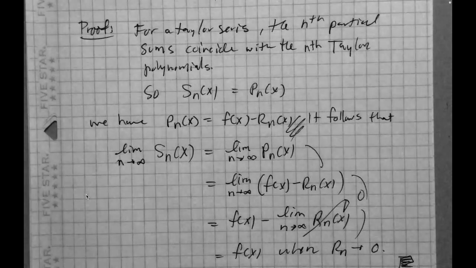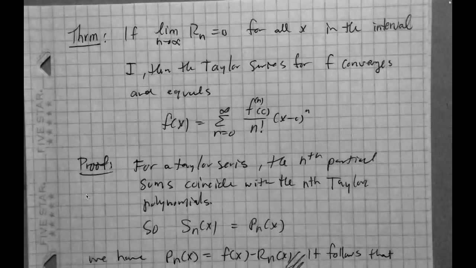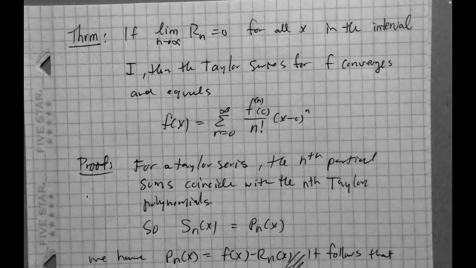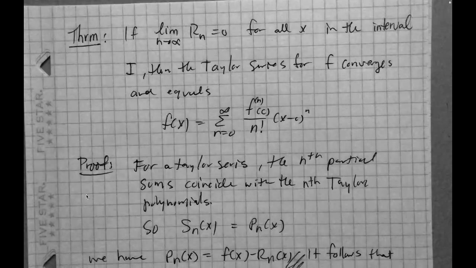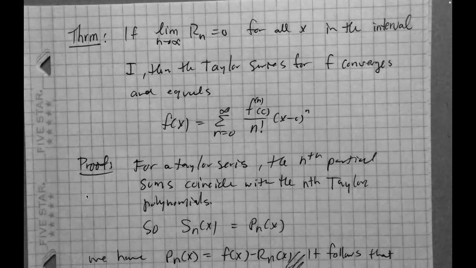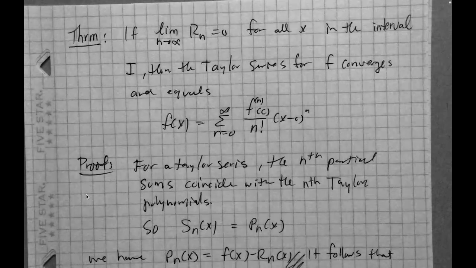So for a Taylor series, we now know that the Taylor series will converge to f if, and only if, the sequence of remainders has a limit of 0. Okay. All right. How about a couple of examples, and then we'll call it a day.